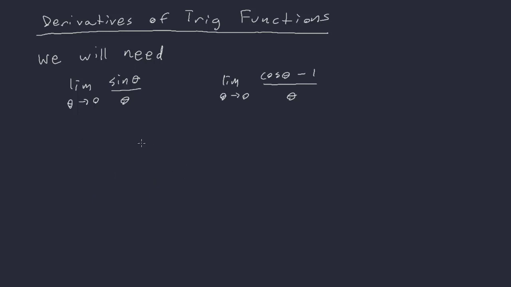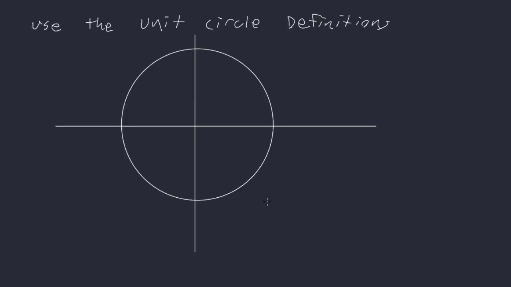So what we're going to do instead is employ our unit circle definition of sine, cosine, and tangent. Now if you don't remember these, don't feel too bad about that. It's not a huge deal, but what we're going to do is put an angle theta on our unit circle, and when we do that, we make this right triangle.